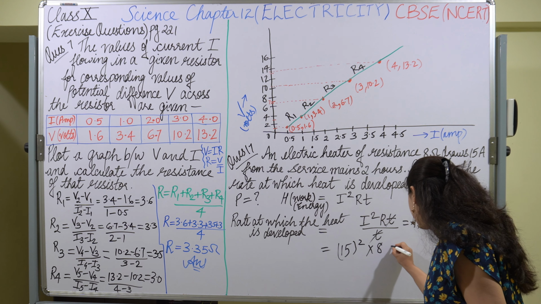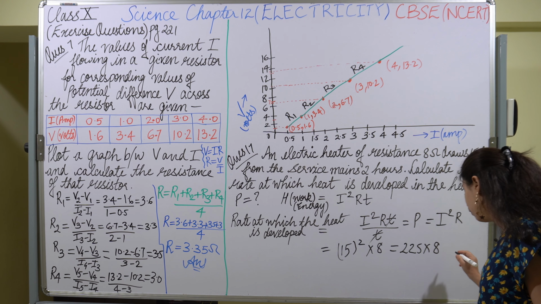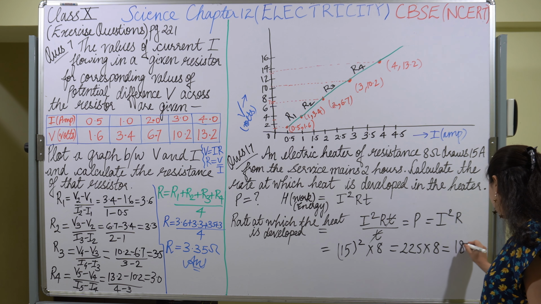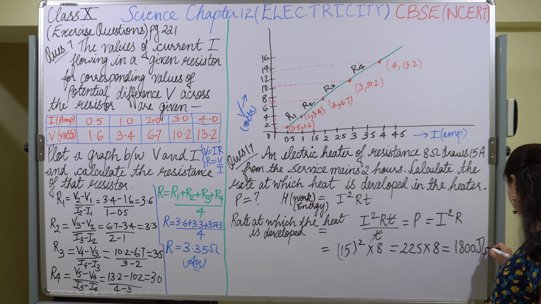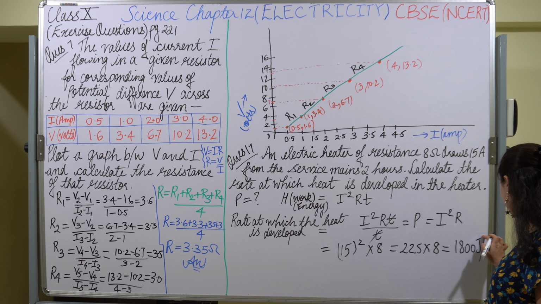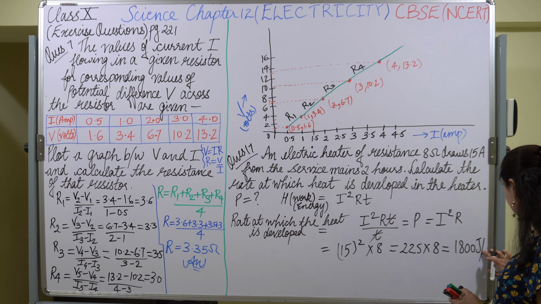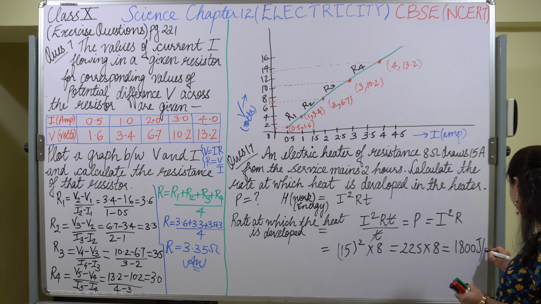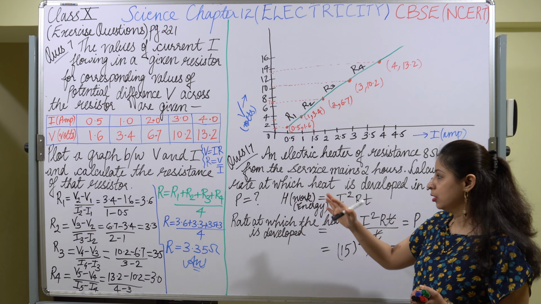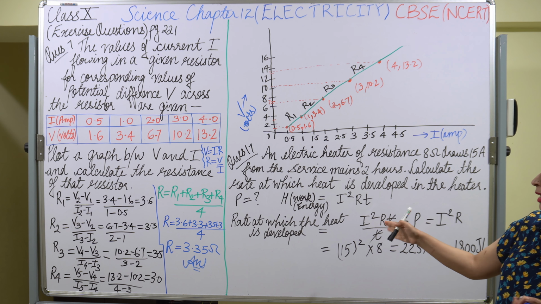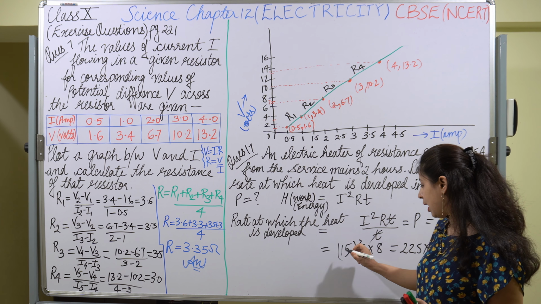So we'll be getting over here 225 into 8, which will be equal to 1800 joules per second. This is the rate at which the heat is developed. So this is our power which we need to find out, and this is our answer.